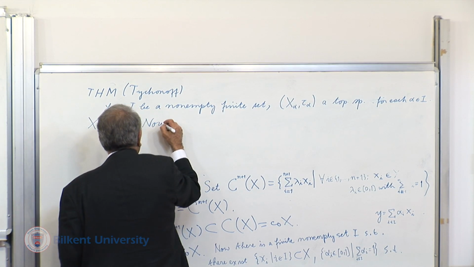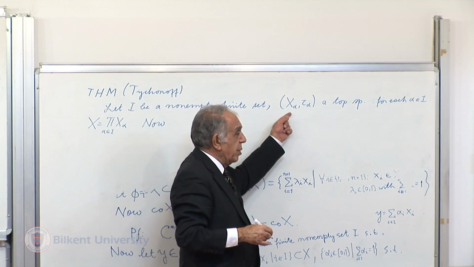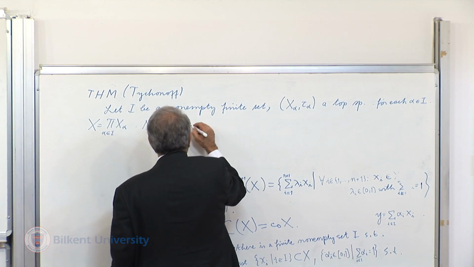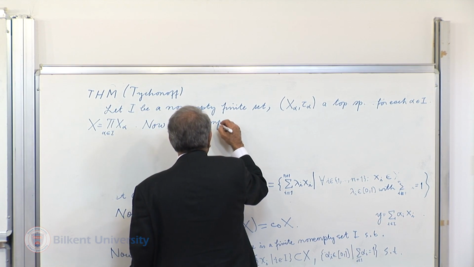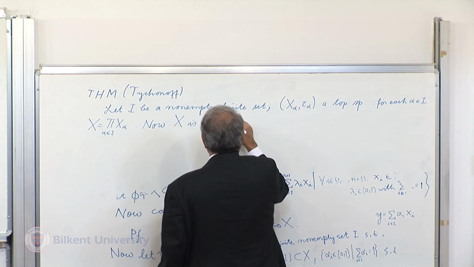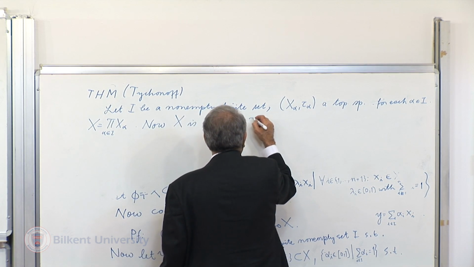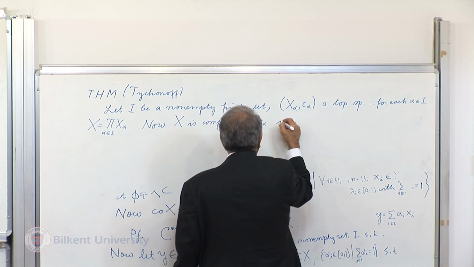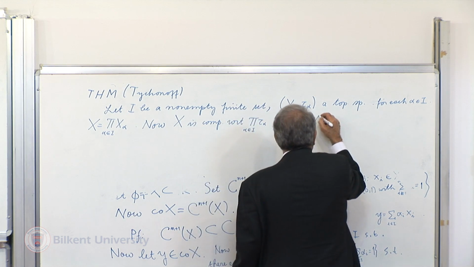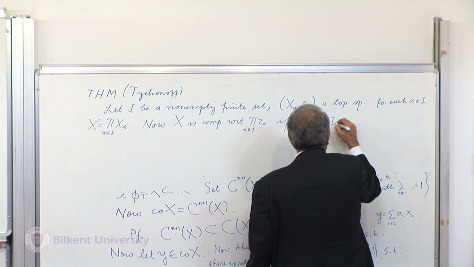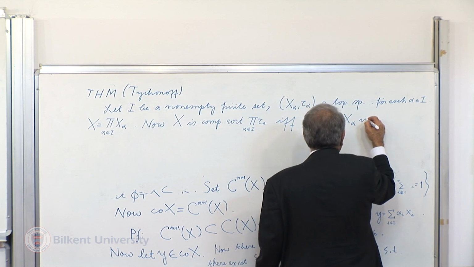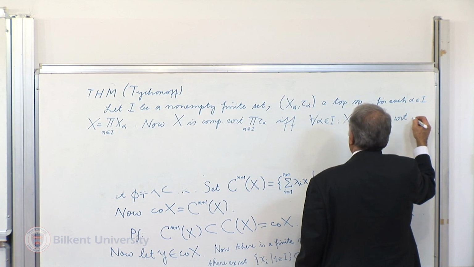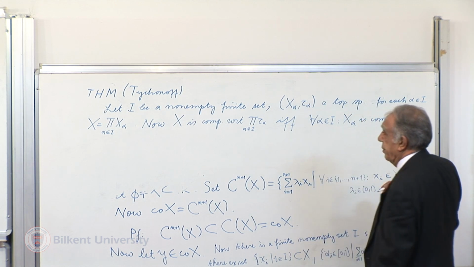Now, here, of course, since these are all topological spaces, let me first write. Now, X is compact with respect to the product topology if and only if for all alpha in I, X alpha is compact with respect to tau alpha.